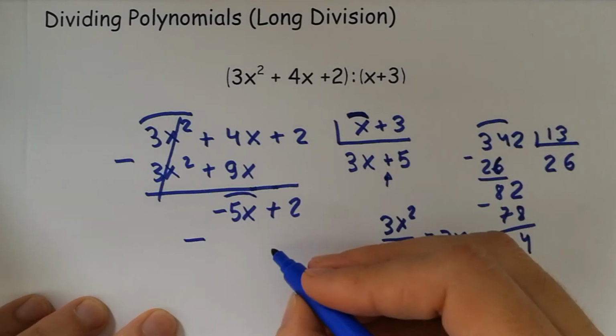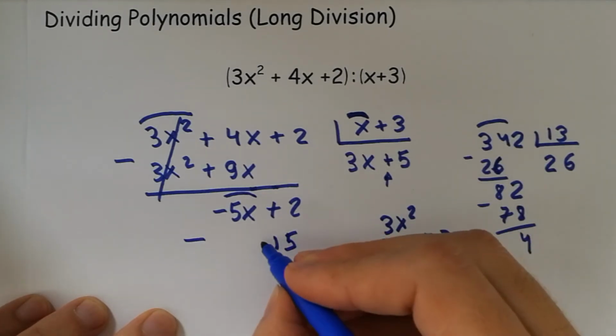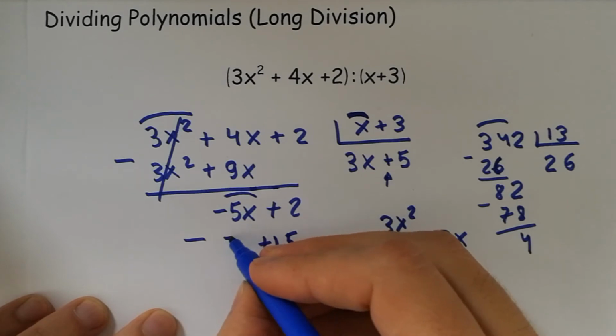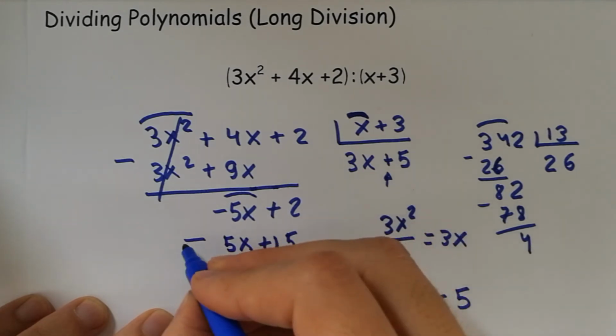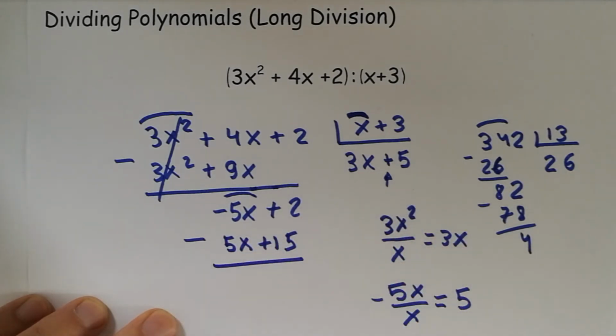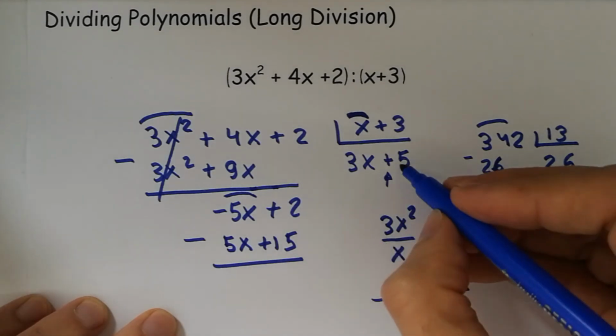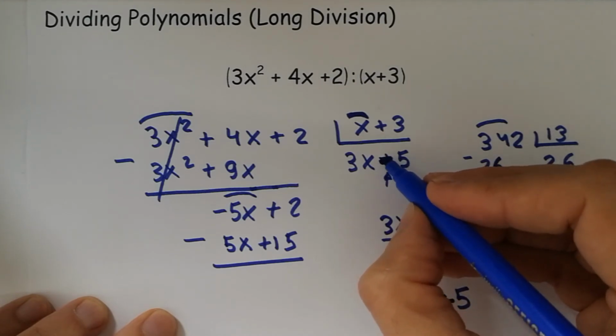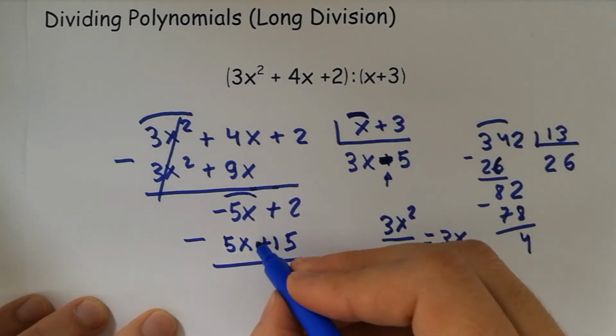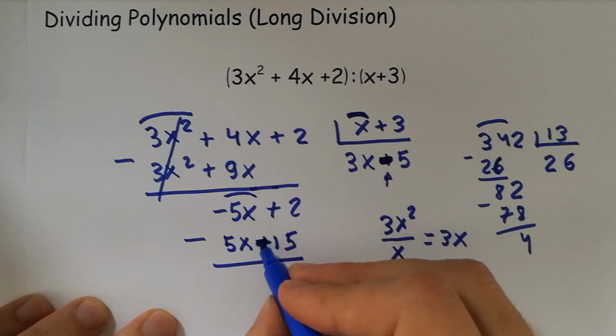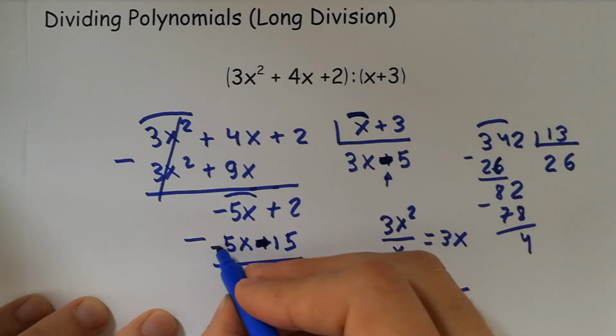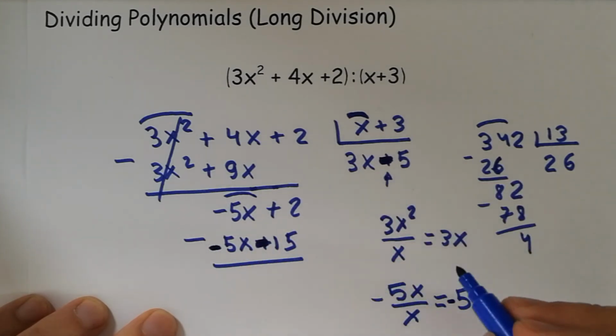If we multiply, we get 15 positive and 5x positive. Oh, sorry, here it is minus 5. So with minus 5, it's going to be minus 15 and minus 5x.